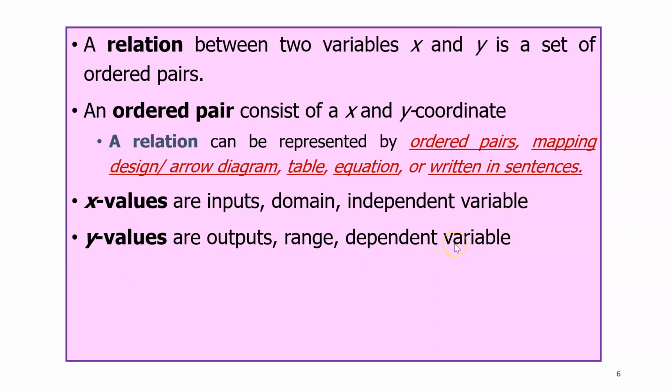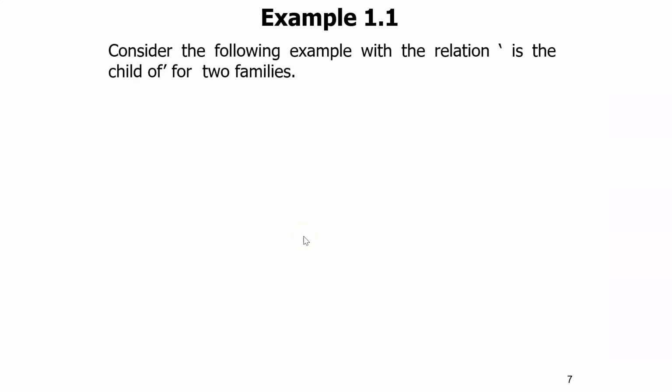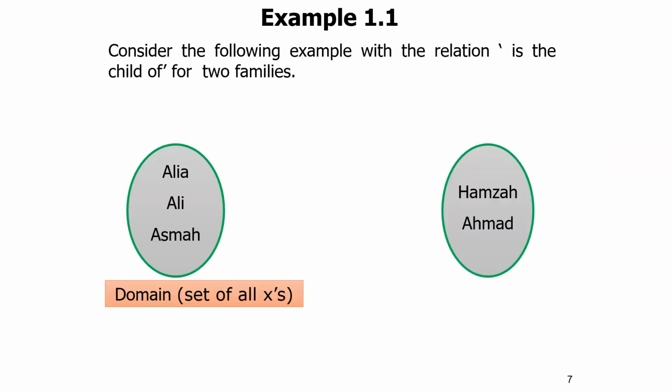Dependent variable is pemboleh ubah bersandar. This one is pemboleh ubah tidak bersandar. So anything in x is your domain or your input, and for y values is your output and range. Let's see example 1.